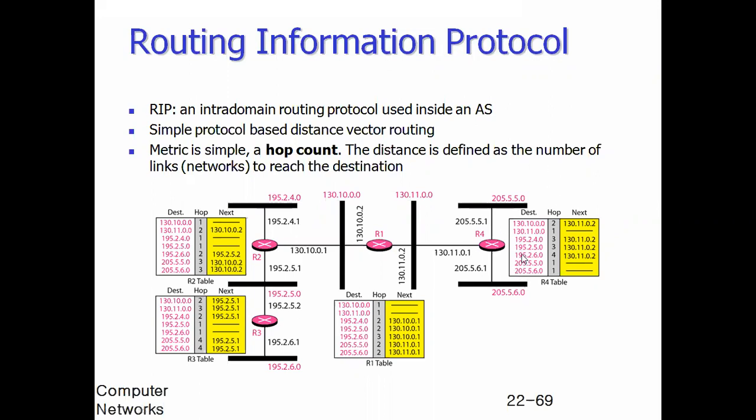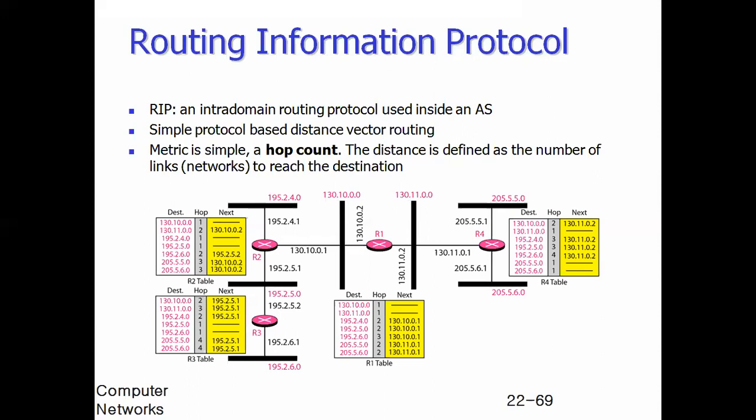Okay, so how does it work? It works similarly to a distance vector routing protocol, right? Whenever there is a change in the network, every router shares its table with the immediate neighbor, and also periodically.